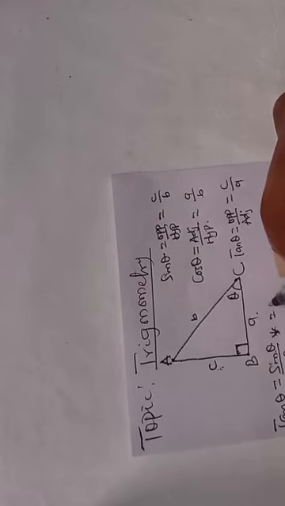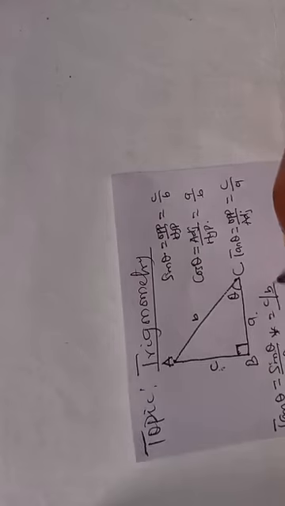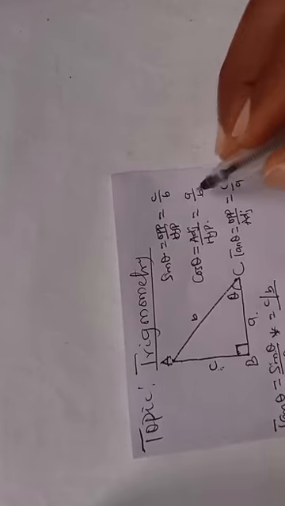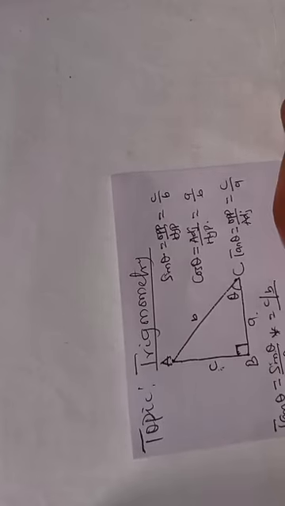Sine theta says C over B, all over cos theta, which says A over B. So what we have here is C over B over A over B. That means you're going to use this to divide this.